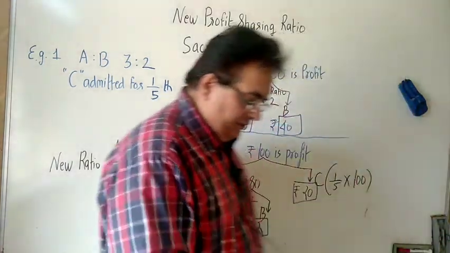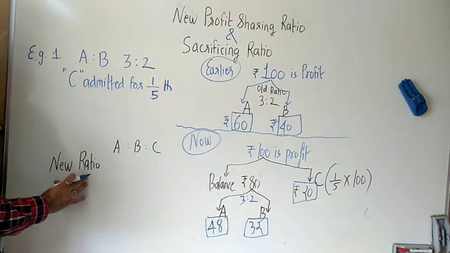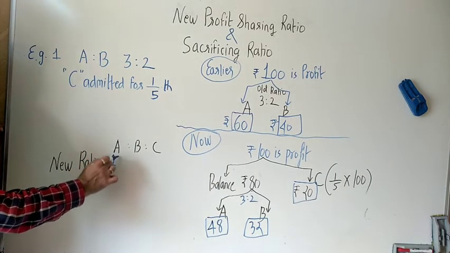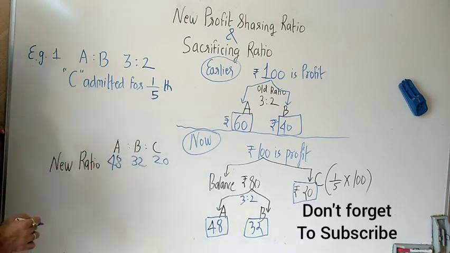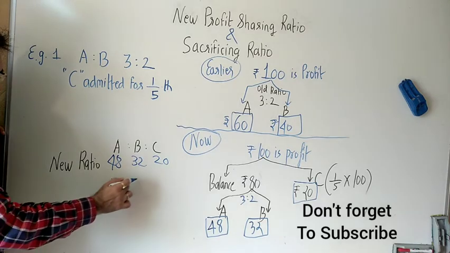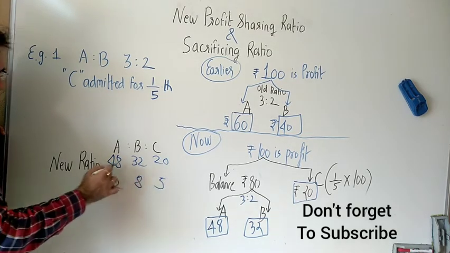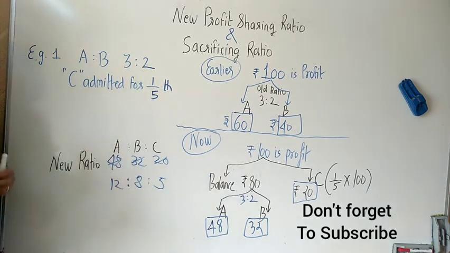So the new ratio: A gets 48, B gets 32, C gets 20. Let's reduce it, divide by 4. So 12, 8, 5. We have reduced it. So this is our new ratio, 12:8:5.